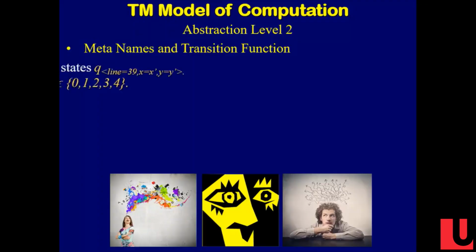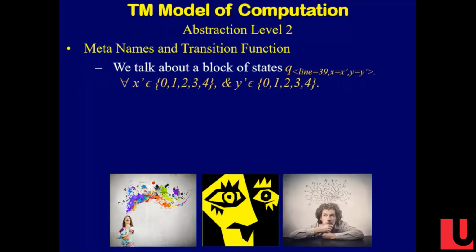So what do I mean by that? Well, how do I talk about a block of states? I can say, hey, now there's no state whose name has x equals x prime in it, right? That's not a state, right? It's a meta statement, meaning for any value x prime in that range, and any y prime in that range, we're going to have a state by that name, right?